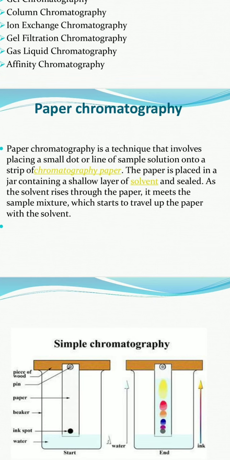So basically, paper chromatography is the simplest and most widely used technique of chromatography, and the separation, identification and quantification of different organic or inorganic components are done through this technique. A small dot of sample solution is placed onto a strip of chromatography paper.